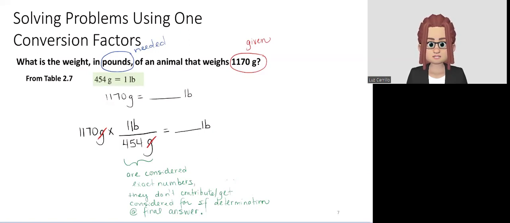So when we look at this problem overall, we can say, well, the measurement given has 3 significant figures. So from my calculator display, I need to round to 3 significant figures. So in this problem, my final answer is going to be 2.58 pounds.